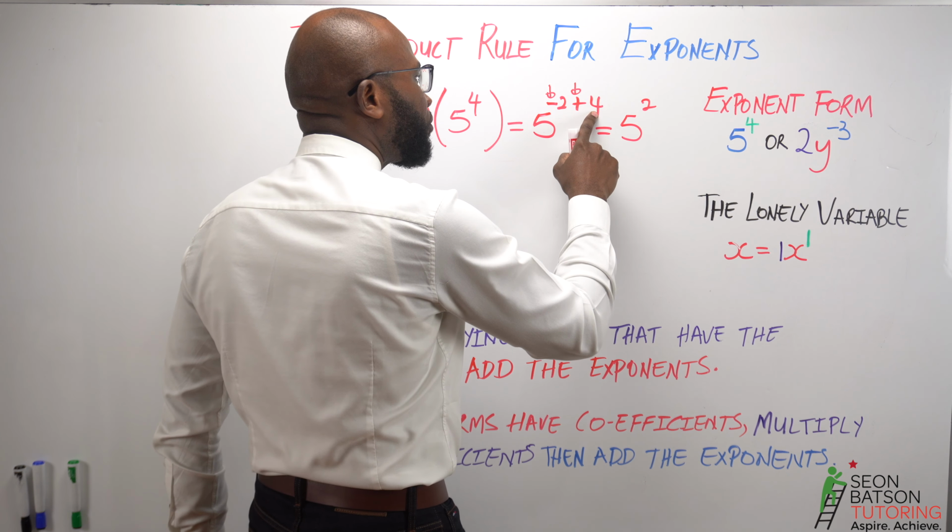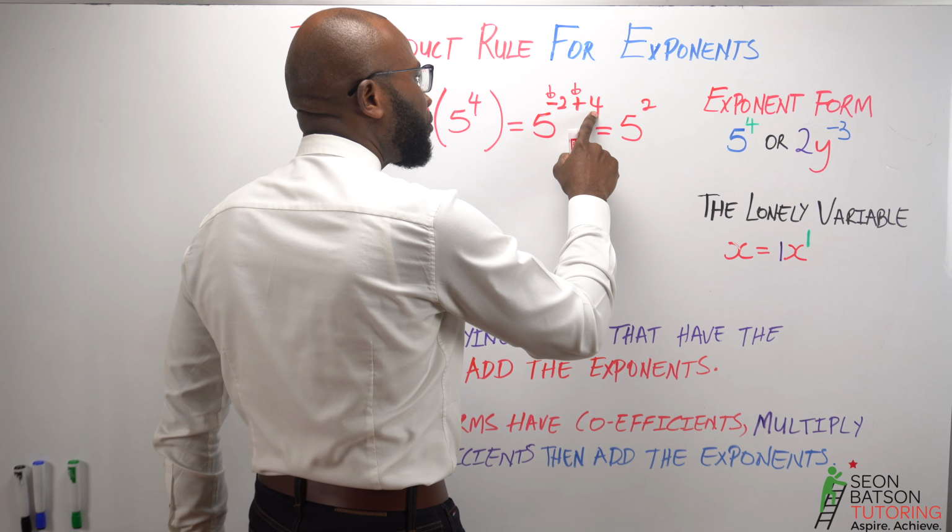Here, we are multiplying terms that have the same base, yes? However, we have what? Coefficients. Very good. Remember the extra note I give you: whenever there are coefficients, we will multiply the coefficients first, then add the exponents once the bases are the same. Don't make the mistake of trying to add the coefficients. You only add the exponents when the bases are the same. But once there are coefficients, you have to multiply them because it's a multiplication problem.